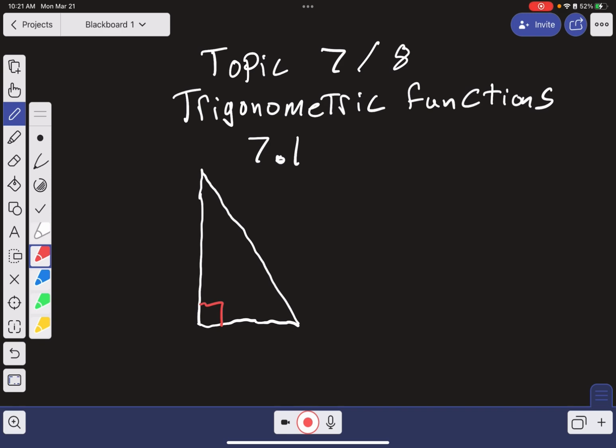Remember that right triangles are made up of three sides, obviously, but they have two parts. They've got legs. The two legs make up the right angle. So this angle down here, this little box right here, means that the measure of that angle is 90 degrees. That's our right angle. The two legs make up that right angle. And the third side is called the hypotenuse.